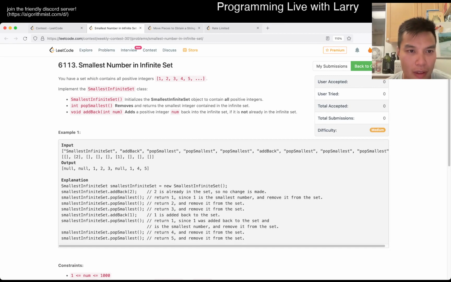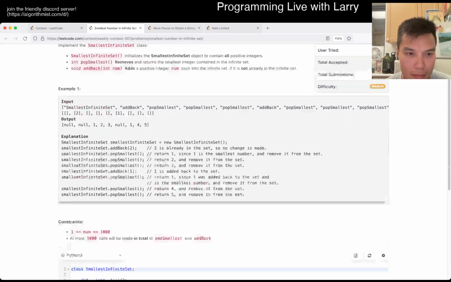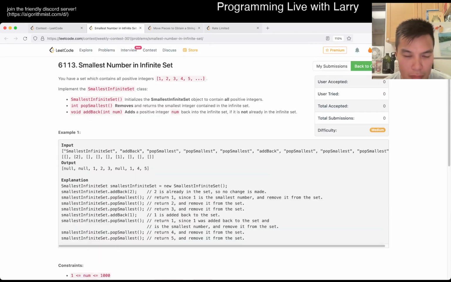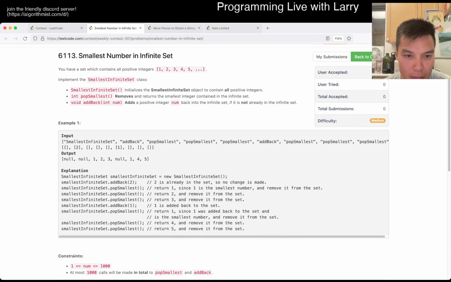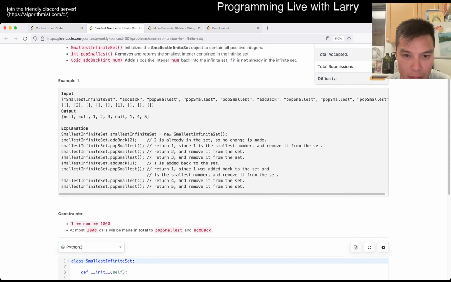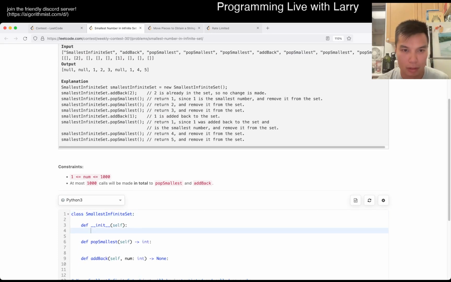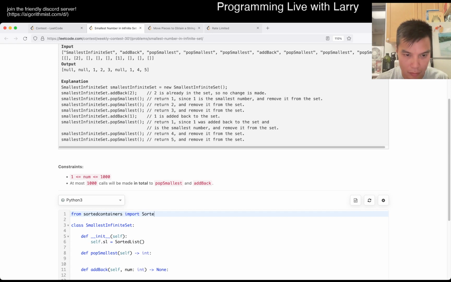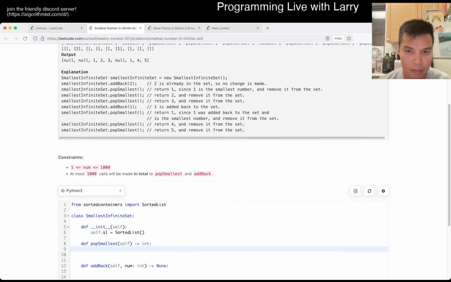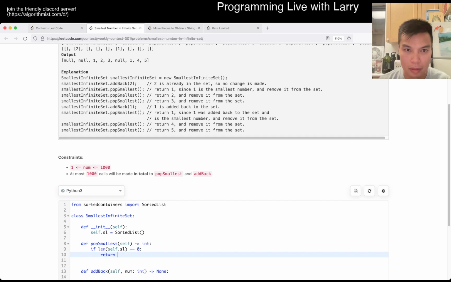Next problem, focus. At most 100 calls, okay. Turn 1.